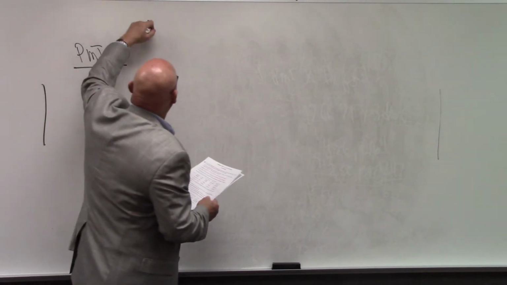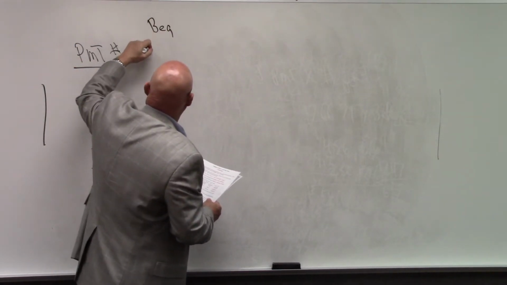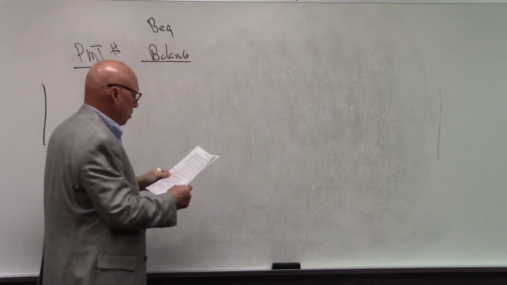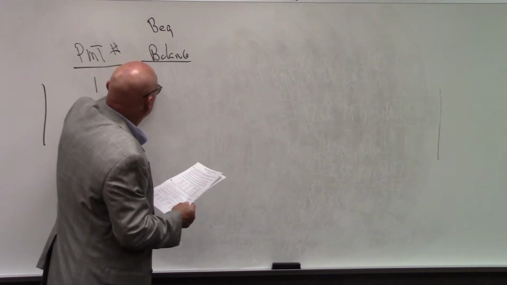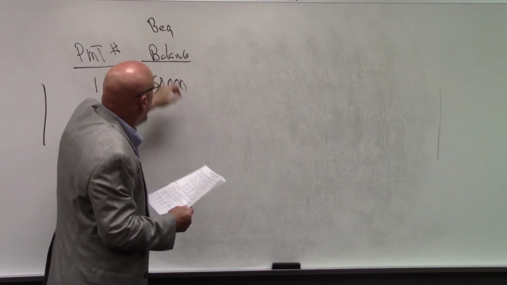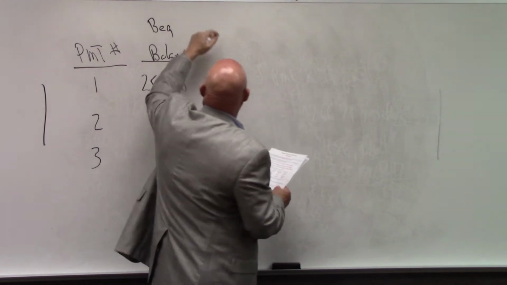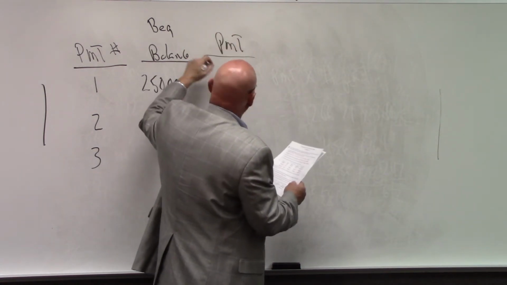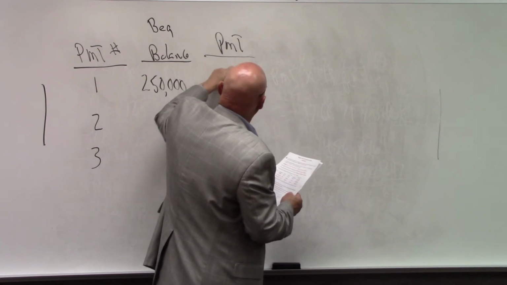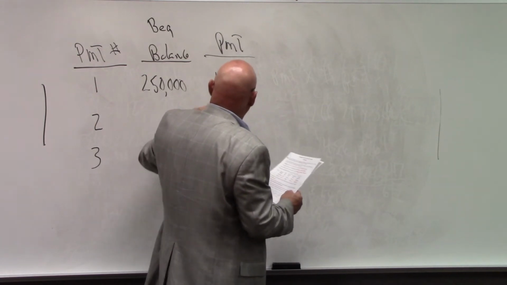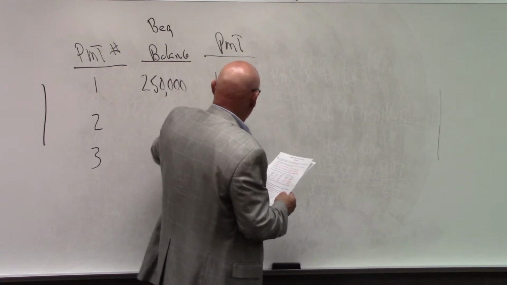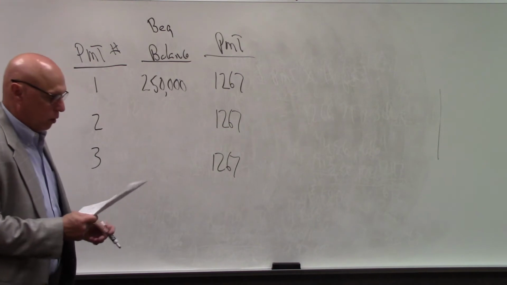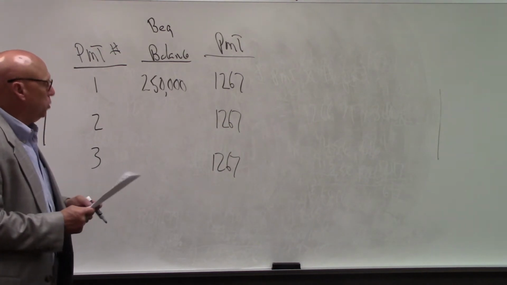Then we have the beginning balance, and the beginning balance is $250,000. That's how much we're borrowing. Okay. Then we have the payment, and the payment is a level payment, so it doesn't change. So $1,267. Okay, $1,267. $1,267. All right. And notice that we rounded up by 29 cents.